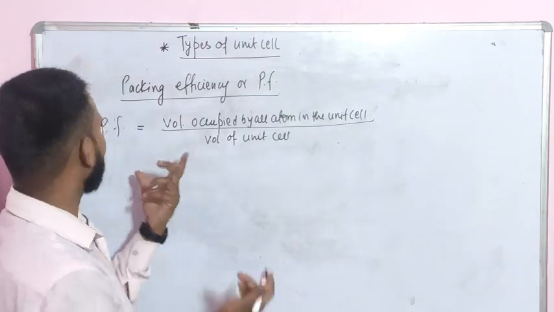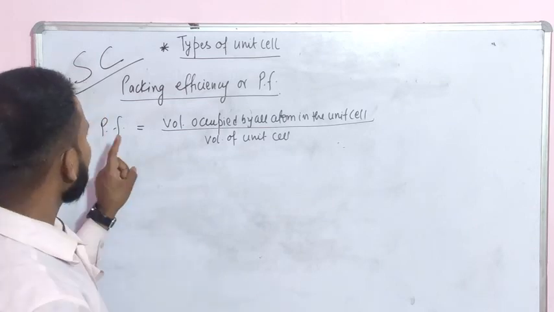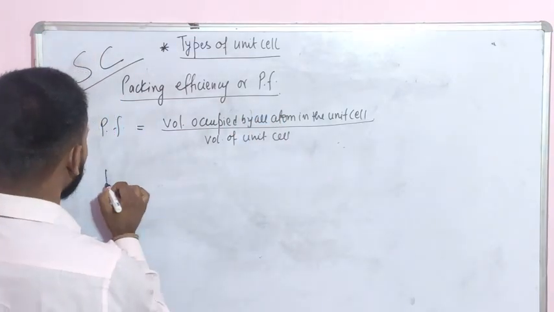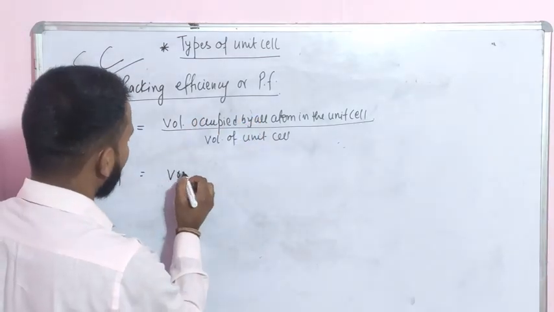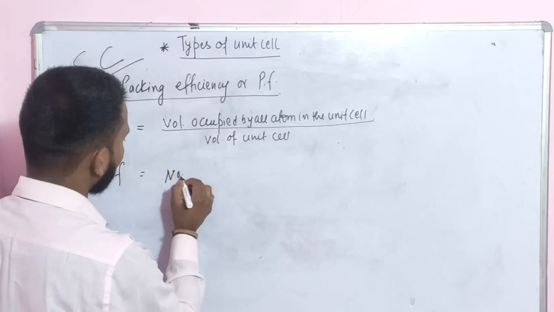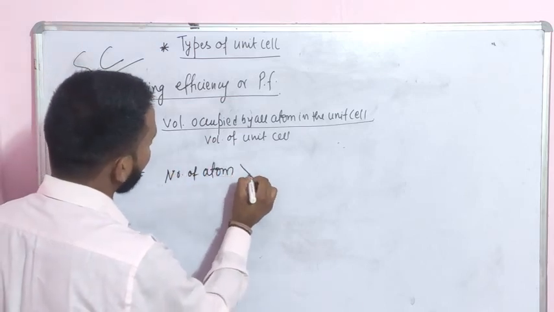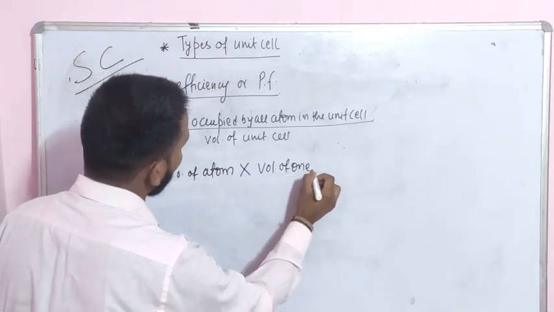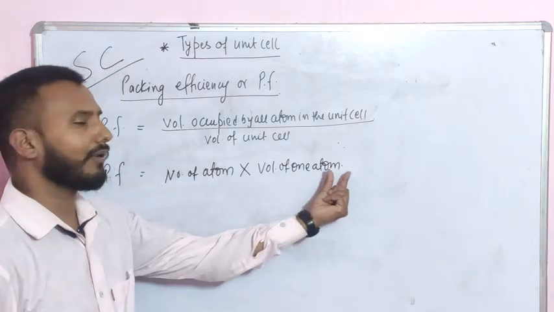Because we are talking about simple cubic, what is the volume occupied by all the atoms in a unit cell? It is the number of atoms multiplied by the volume of one atom.